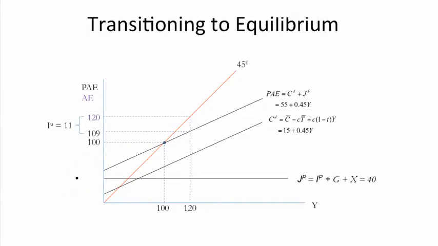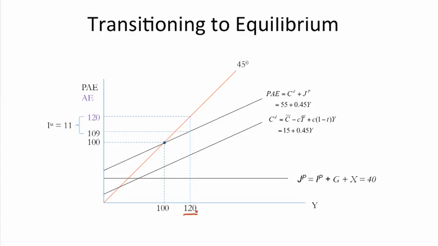And that assumption is going to be absolutely key to understand what I've called the transitioning to equilibrium, where we're really answering the question, will we know that the economy will eventually be in equilibrium? Or would we expect the economy to be in equilibrium? Take the following example. What we have here is an economy not in equilibrium. What I mean by that is we have an economy, I'm going to assume, producing 120 units of output.